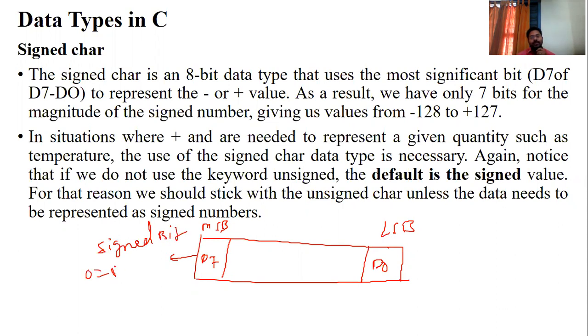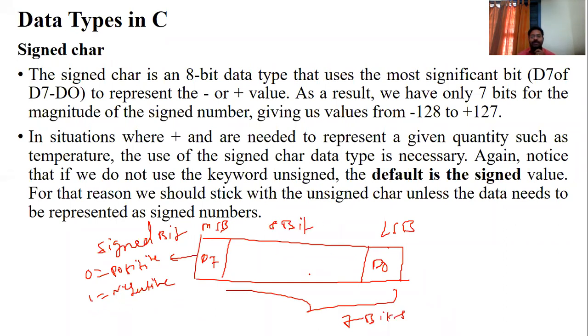It is 0 for positive, 1 for negative. So effectively we are using only 7 bits. This is an 8-bit register, but this 8th bit, the most significant bit, is used as a sign bit. So 0 is positive and 1 is negative. So you can only use these 7 bits.